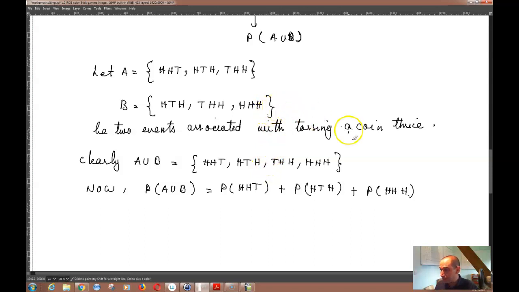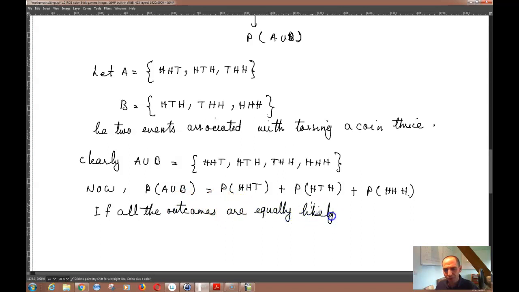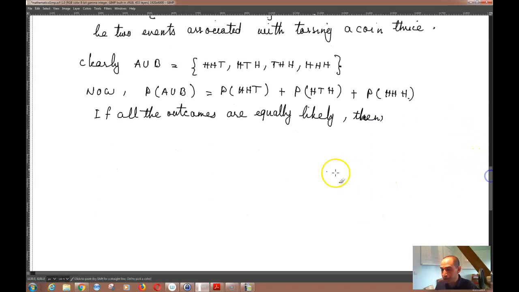Plus P of HHH. Now, if all the outcomes are equally likely, then P of A union B is equal to, for example, each of them we have to assign 1/8, because when you throw a dice thrice, you would get 8 different outcomes as a result of that experiment.